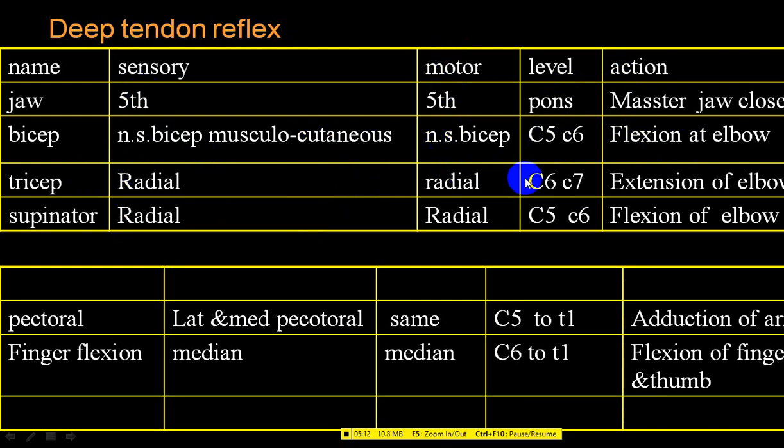The root value is C6-7, and when you tap the triceps tendon, you get extension at the elbow. Supinator is again radial, both motor and sensory pathway, with contraction of the supinator muscle, or brachioradialis, that is C5, C6, and you get flexion at the elbow.